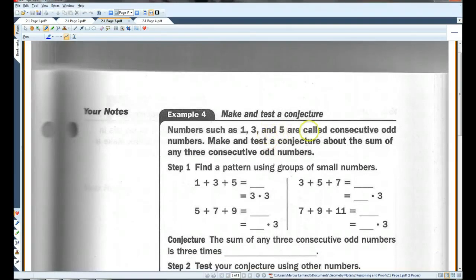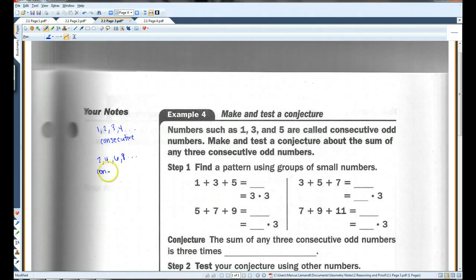Numbers such as 1, 3, and 5 are called consecutive odd numbers. Consecutive means they come one right after the other. So, for example, 1, 2, 3, 4, 5, 6, 7, etc. These are consecutive. 2, 4, 6, 8.